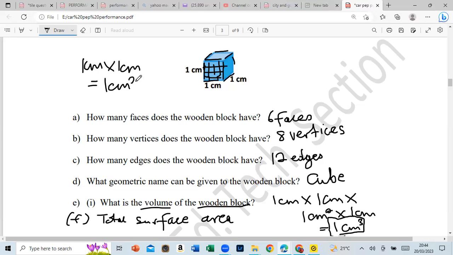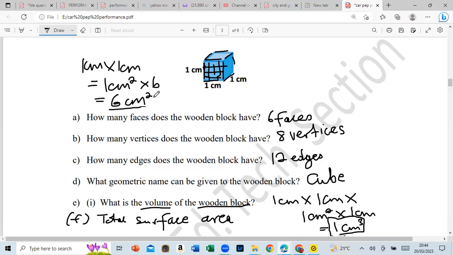All 6 faces have the same area, so we can just multiply it by 6. So we get a total of 6 centimeters squared. 1 times 6 gives 6.